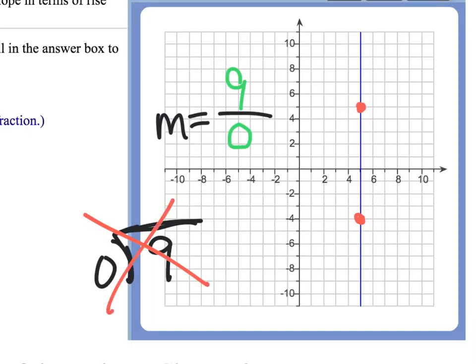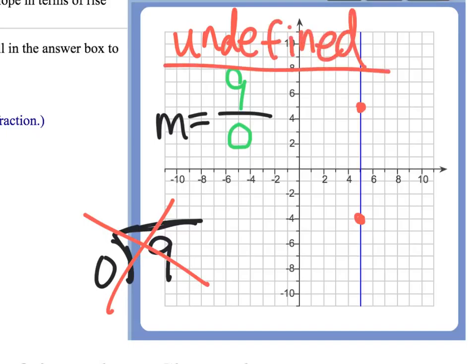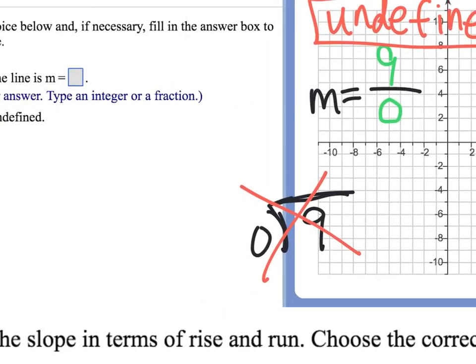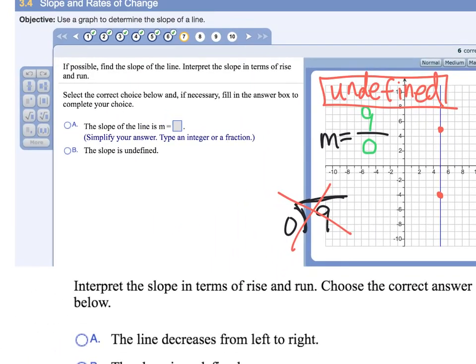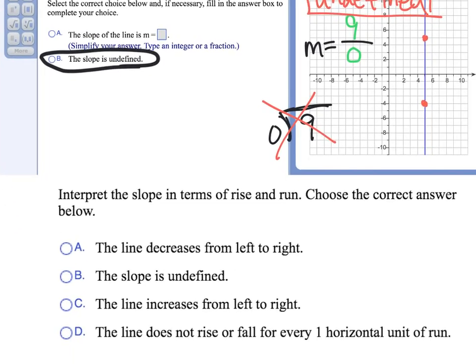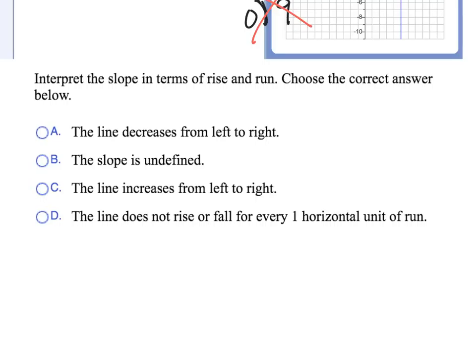It's undefined because there is no such answer for that. So we say this slope is undefined. And so we finally have our first answer right here. The slope is undefined, which means the next answer down here is also the slope is undefined.